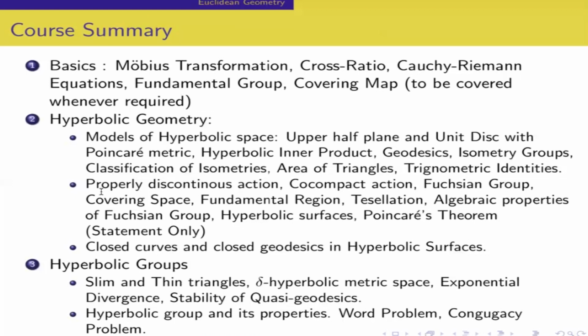We'll define quasi-geodesics and then prove the stability of quasi-geodesics. Then we'll define hyperbolic groups and state some of their properties. We'll do the word problem and the conjugacy problem, and prove that they are solvable in hyperbolic groups.